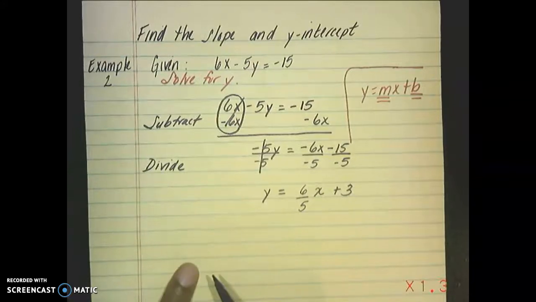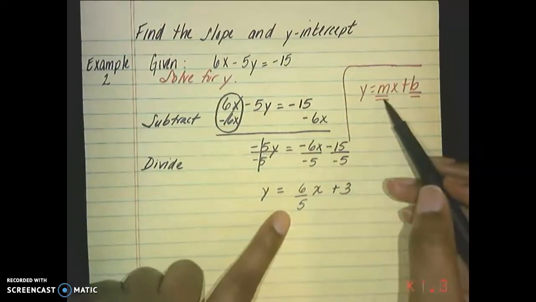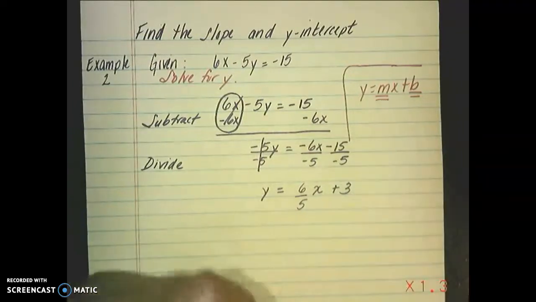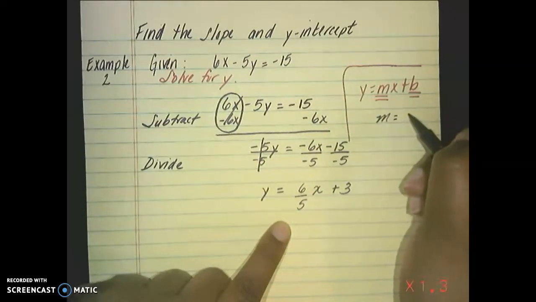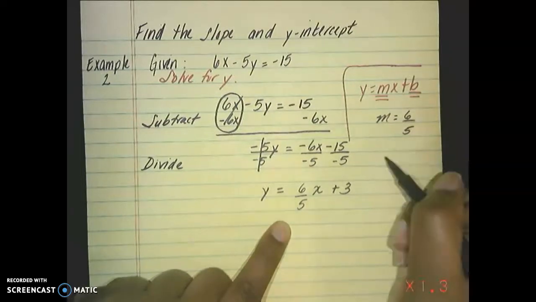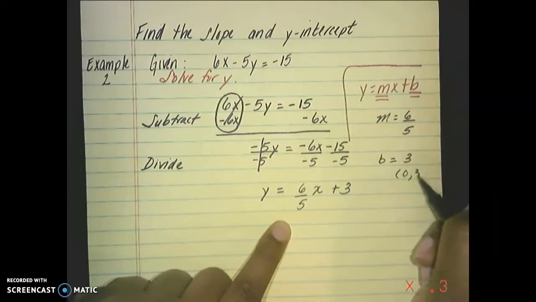In the place of my slope, the coefficient is 6 over 5. So here's the information I need: my slope is 6 over 5, and my y-intercept is at 3. Written as a coordinate, it'll be 0, 3.